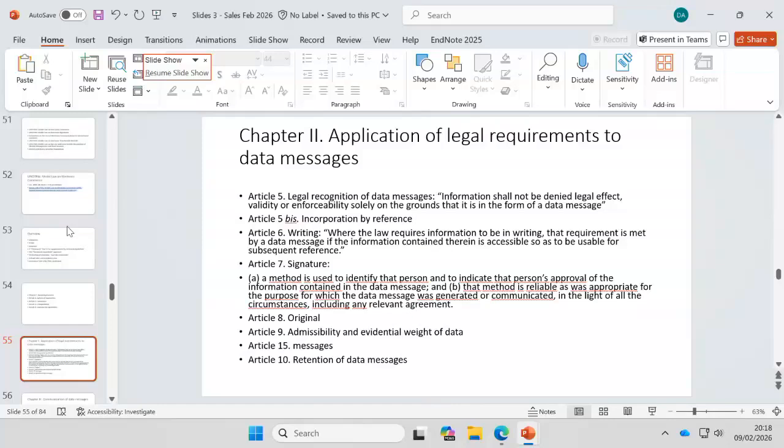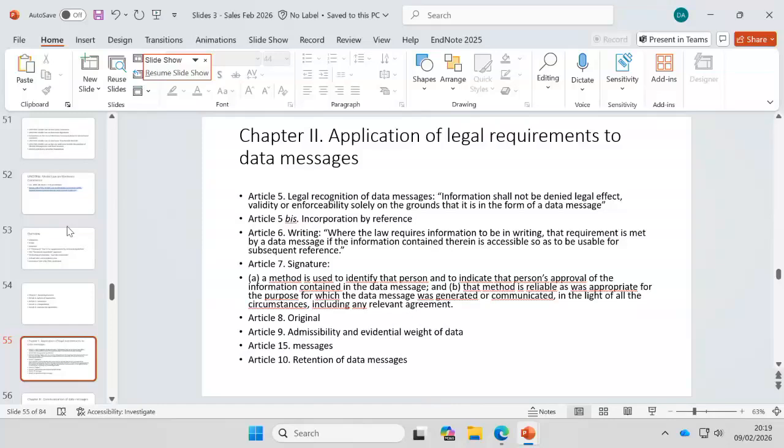Article 5, legal recognition of data messages: information shall not be denied legal effect, validity, or enforceability solely on the grounds that it is in the form of a data message. Writing: where the law requires information to be in writing, that requirement is met by a data message if the information contained therein is accessible so as to be usable for subsequent reference.